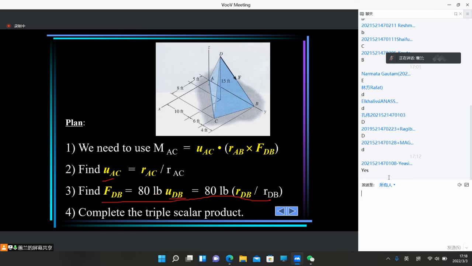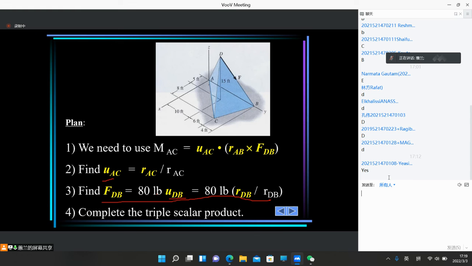It's up to you; if you want to choose D, it's okay. But here we choose B because the position vector RAB is simpler. It's along the y-axis, so the coefficient of k will equal 0, and only the j component remains. That's why we use RAB cross F to find the moment of F about point A.